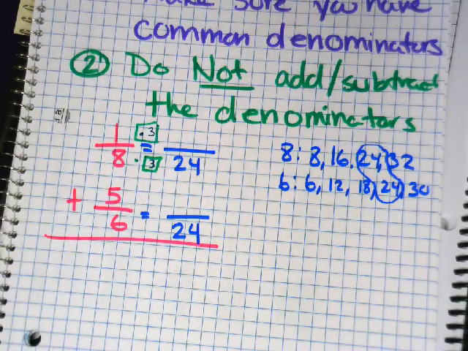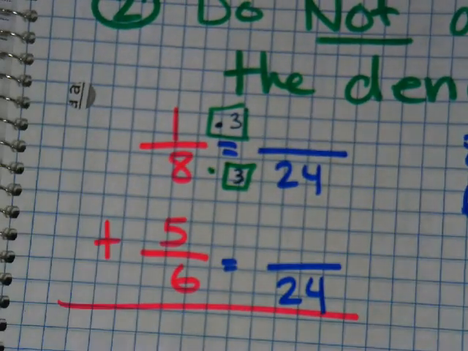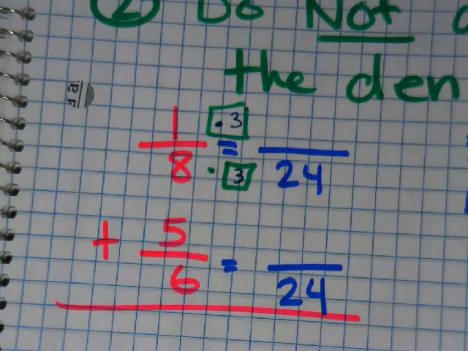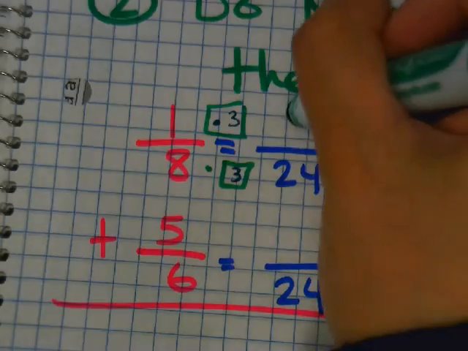The number one mistake I see kids make is they'll give me 24 here, but they'll write a 1 here. No, if your bottom number changed, then your top number changed. You cannot make this a 1. You have to multiply by 3, so our new number is 3.